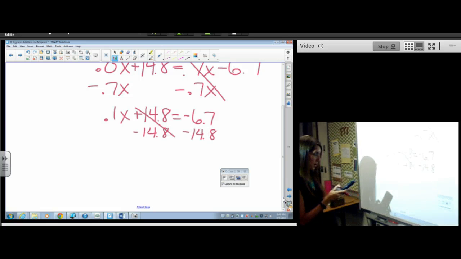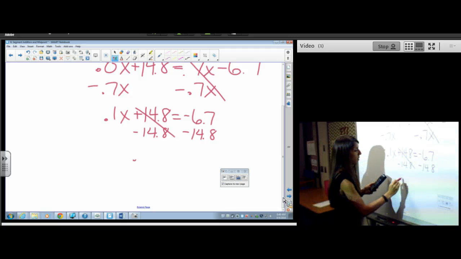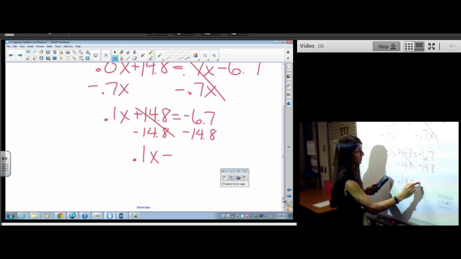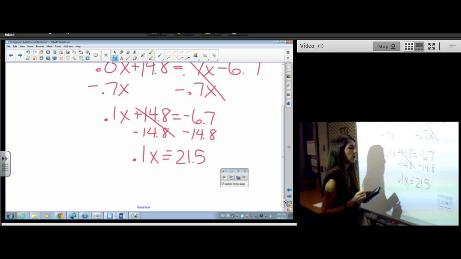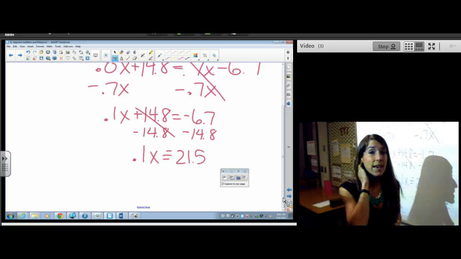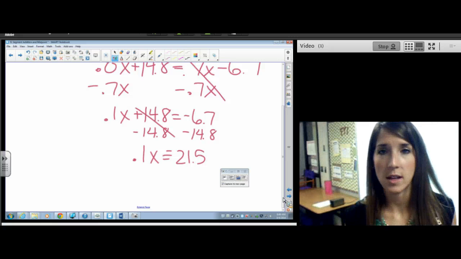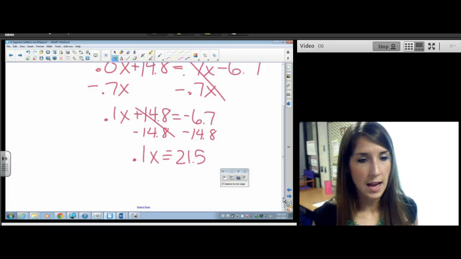So negative 6.7 plus 14.8. So 0.1x equals negative 21.5. And then our last step is to divide by 0.1 because the opposite of multiplying is dividing.